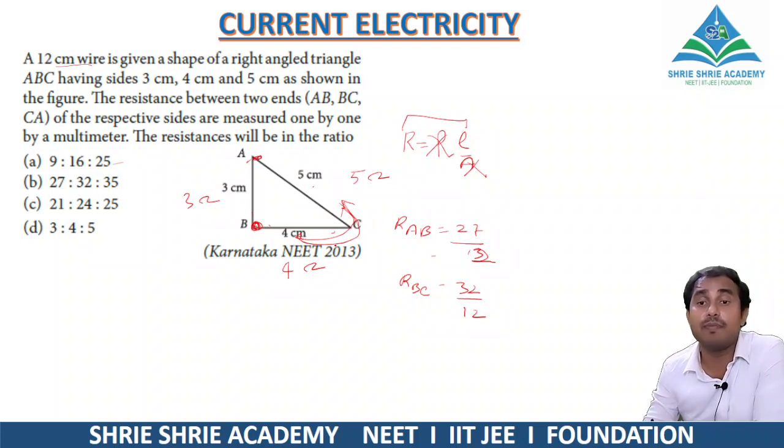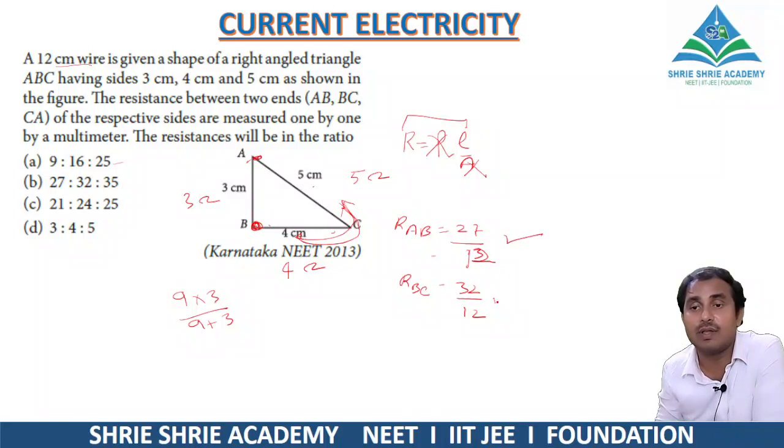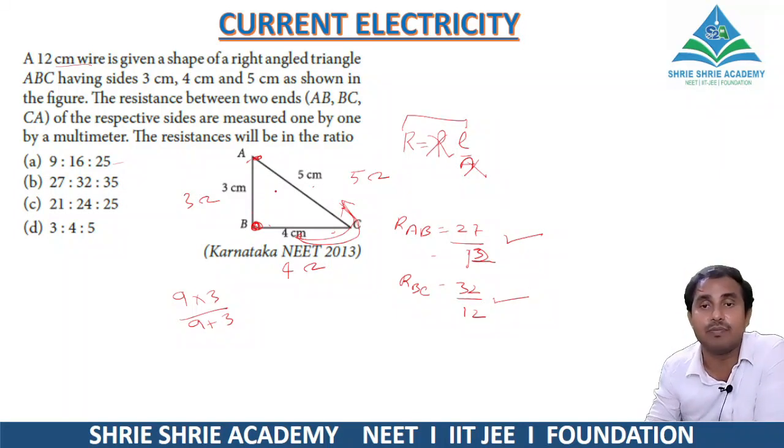Because 5 plus 4 is 9, and 9 and 3 are in parallel, 9 into 3 divided by 9 plus 3, R1 R2 divided by R1 plus R2. So this is 27 by 12.